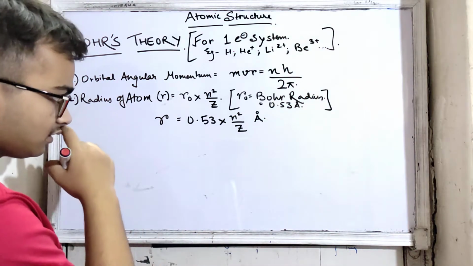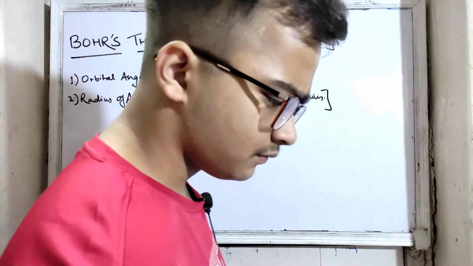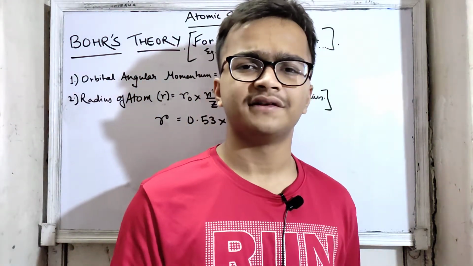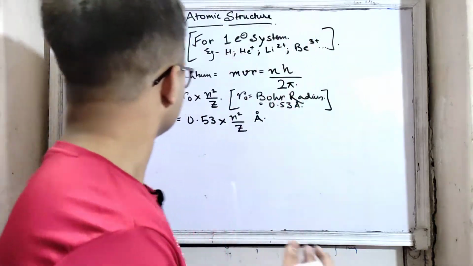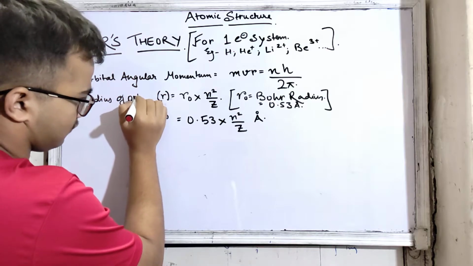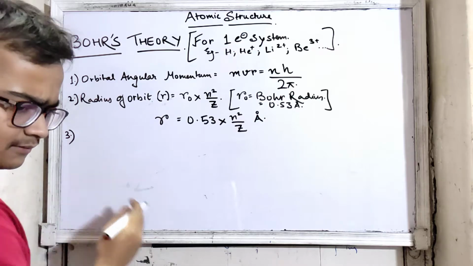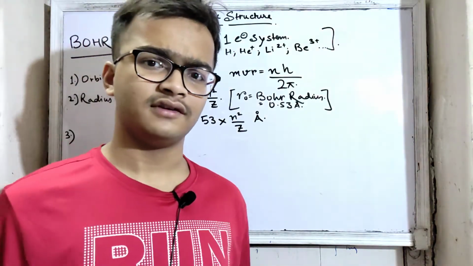Okay, clear? So this was the radius of the atom or the radius of the orbit in which the electron is rotating. So let's change this to radius of orbit to be more precise.